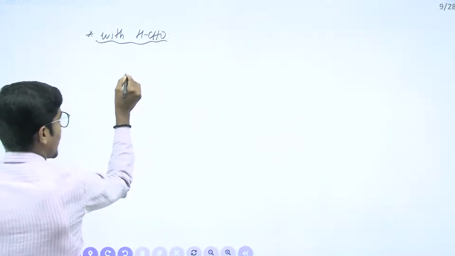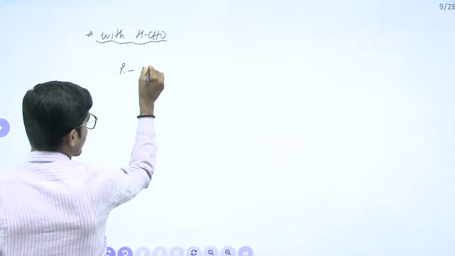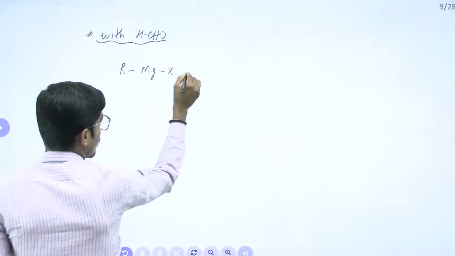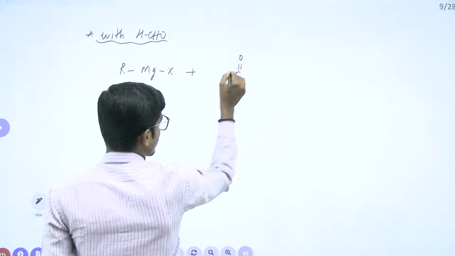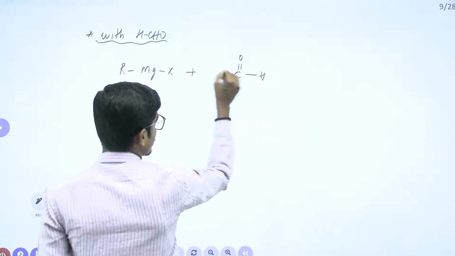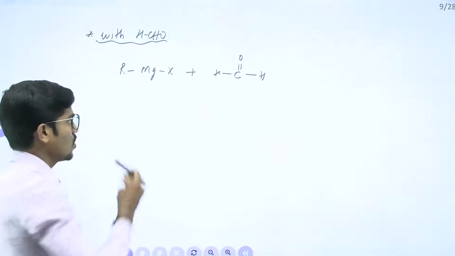When this Grignard reagent is treated with formaldehyde, HCHO, what happens? See, the mechanism is the same in all cases.